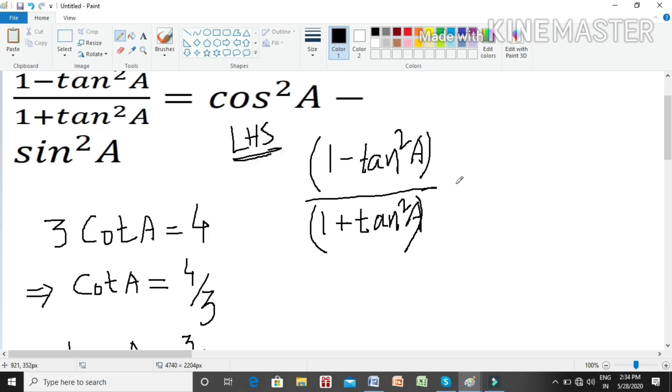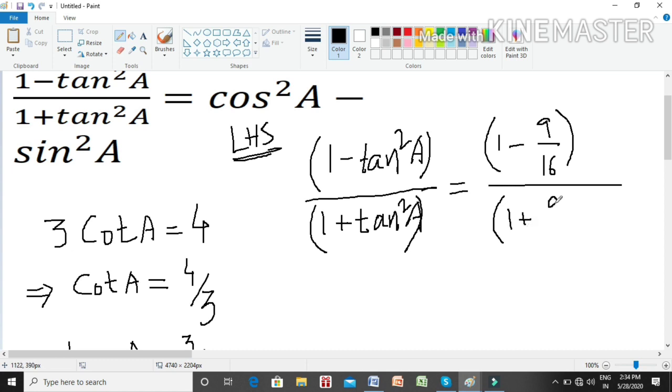So let us put the value here. Here we will have 1 minus tan square A, which is 9 by 16, and here we will have 1 plus tan square A, which is 9 by 16.